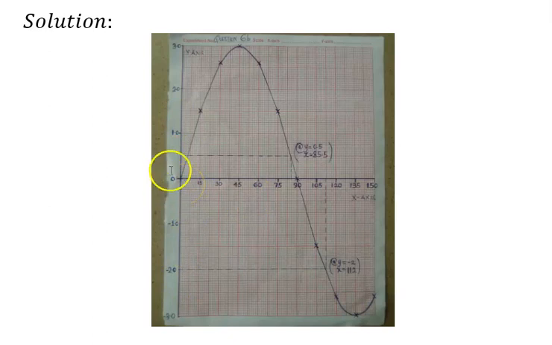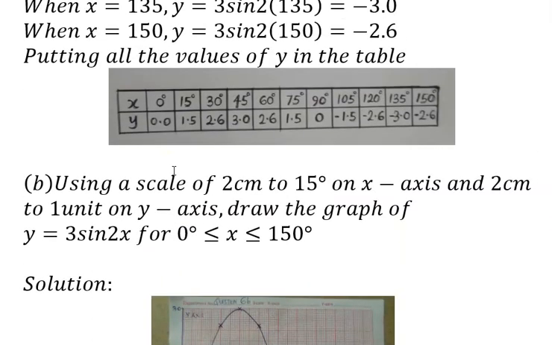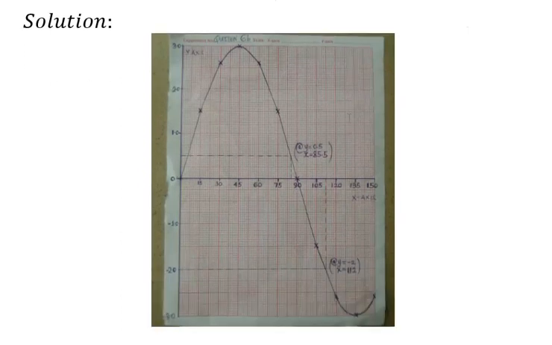But you need to take note before you start plotting that looking at your table, you have negative values on the y-axis. That means you have negative value on your graph. So you need to take note of that. That's why we have all these negative values here. Then up here we have positive value.